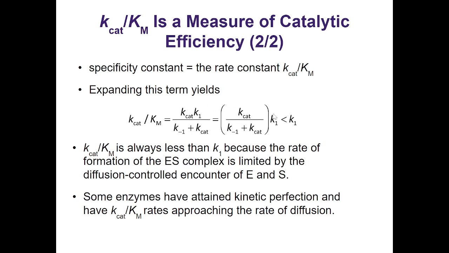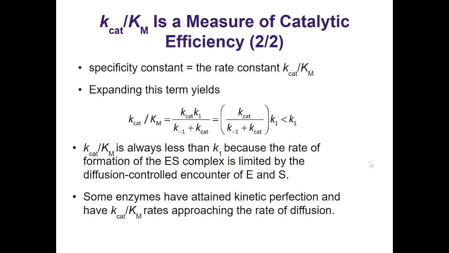Notice we've just extracted that out. This is going to be less than K1. Notice that this is a proportion of K1. Because Kcat is on the top and bottom, the lower part is always larger than Kcat. Can you see that okay? This is always a fraction of K1.